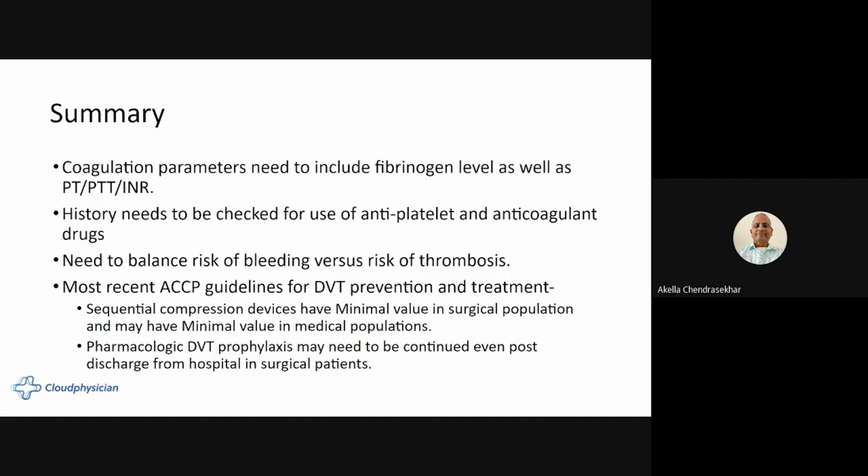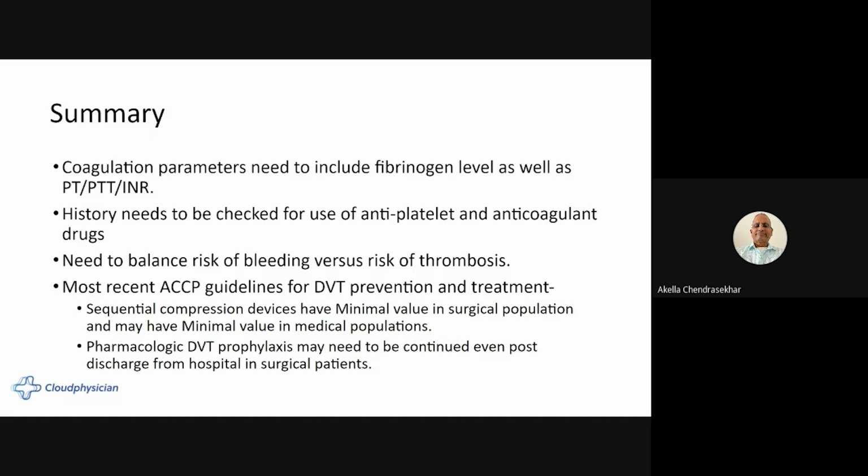Okay. And again, by the way, we talk about sequential compression devices, right? The pumps, right? The most recent advice from the American College of Chest Physicians, which is the leading organization as far as guidelines for DVT prevention and pulmonary embolism prevention. You know what they say about surgical patients?